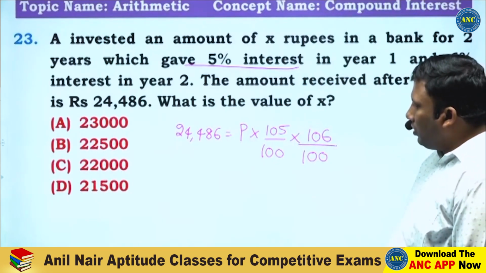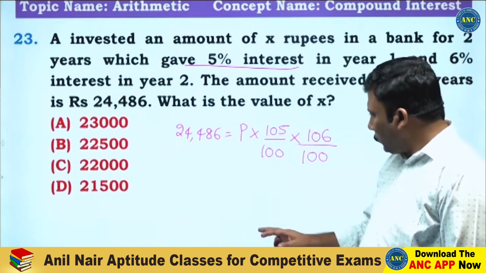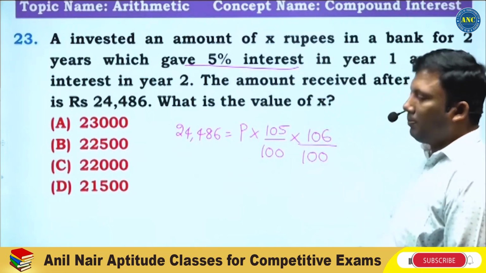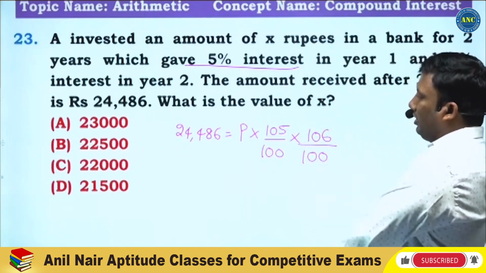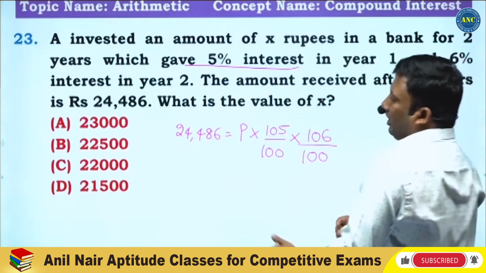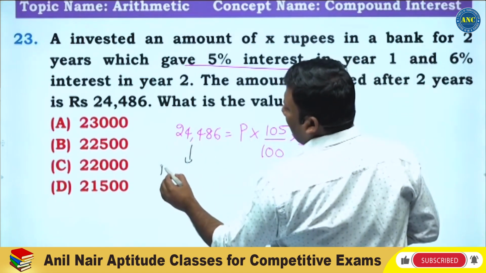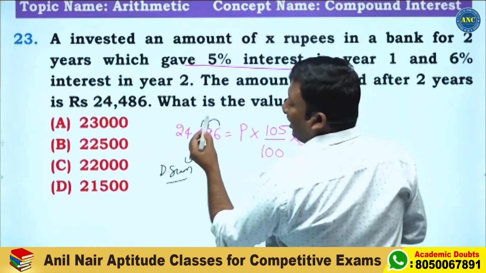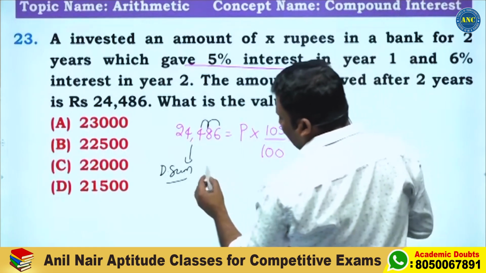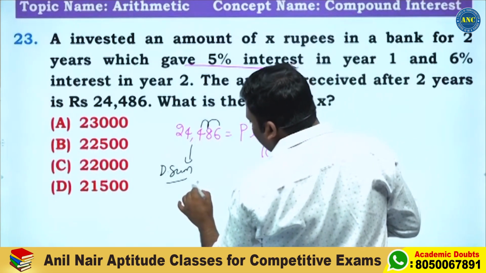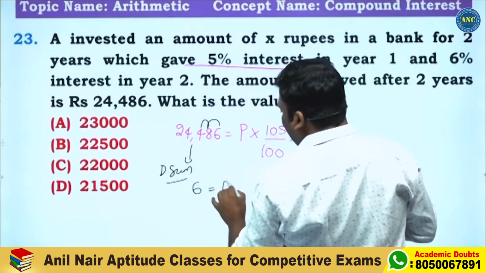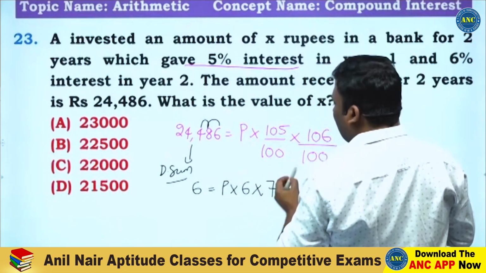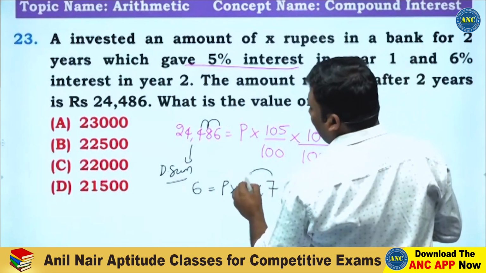Now, let us do it very logically by using the digital sum approach. If you see here, digital sum in the left hand side. What will be the digital sum? 6 plus 8, 14. 14 plus 4, 18. 18 it is 9. 9 plus 6 it is 6. P into 1 plus 5 it is 6. 1 plus 6 it is 7. 6 sevens are 42.